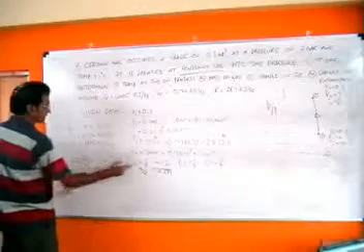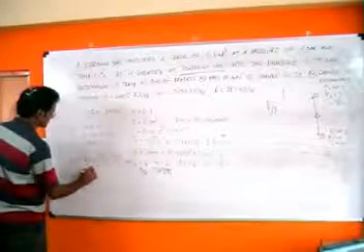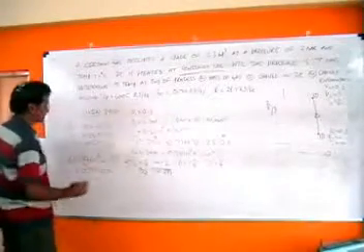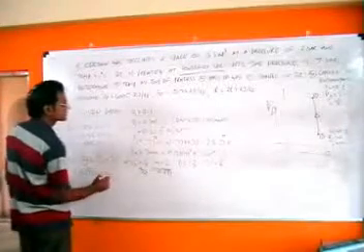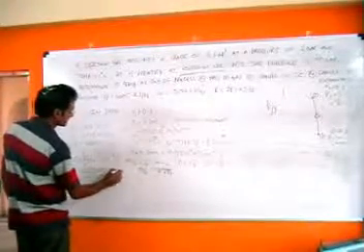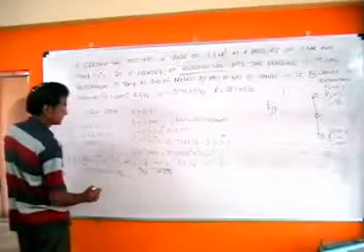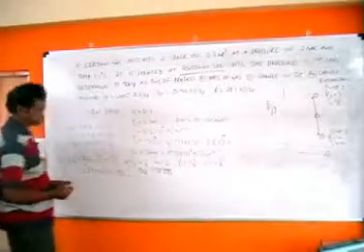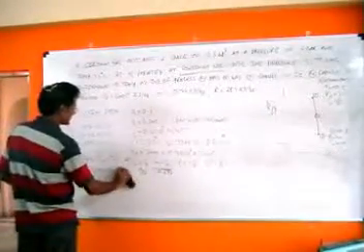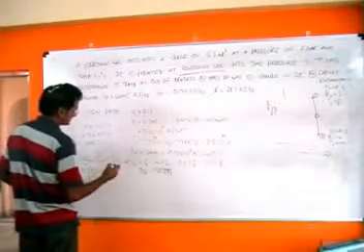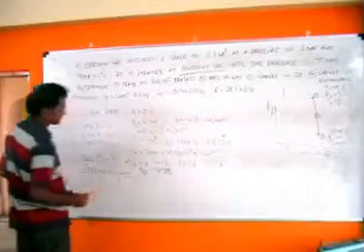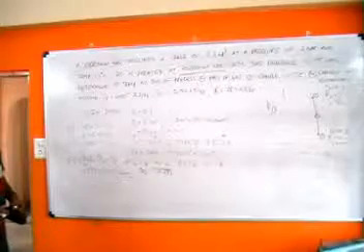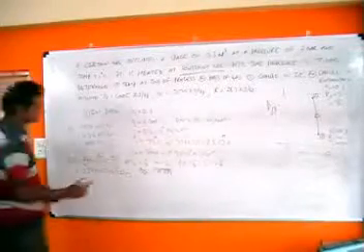We know the value of m as 0.597 kg, which we just found out, and the value of Cv being constant is given as 0.712, times the temperature at the end of the process, which we calculated as 952 degrees, this is again degree centigrade, so this needs to get converted into Kelvin, 1225, minus the temperature at the start of the process, which is 350 degree Kelvin.